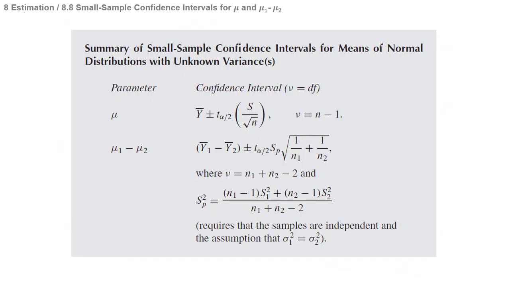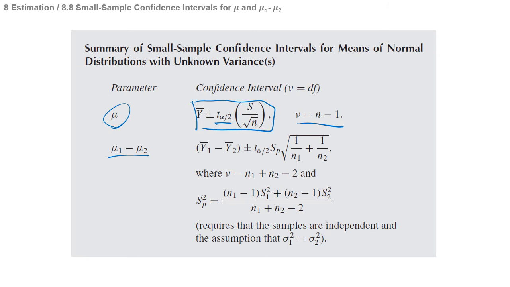And so this is the summary for section 8.8. For the parameter mu, if you have small sample size, and if we assume that all the samples follow normal distribution, and if we assume the common variance, then you can find the confidence interval for mu as this thing, and here for t distribution, degrees of freedom is n minus 1.